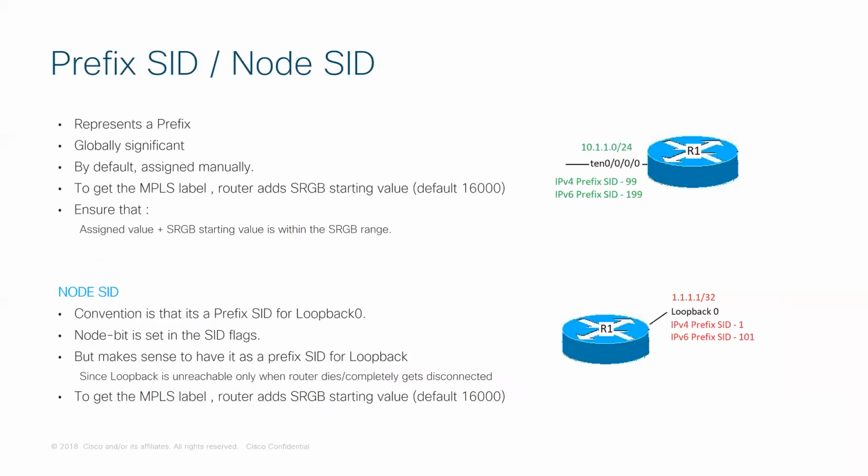In ISIS or OSPF, if you configure the same router IDs, you get an error. Similarly, here you will get an error.